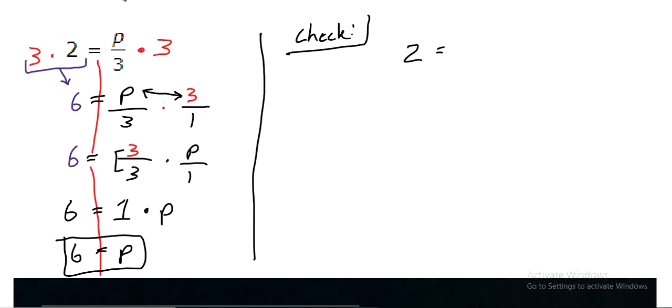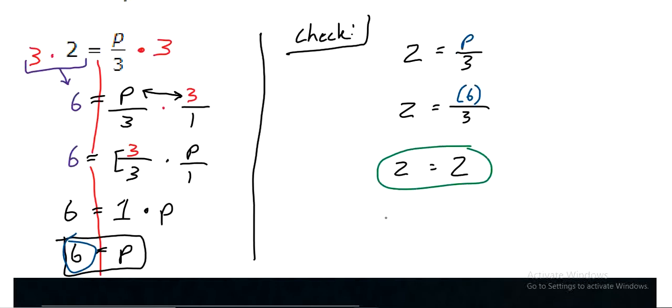We have 2 equals P divided by 3 was the original equation. 2 equals, we found out 6 was P. 2 equals, and let's see, 6 divided by 3 is 2. So we are good. 6 equals P, or P equals 6 is a solution.